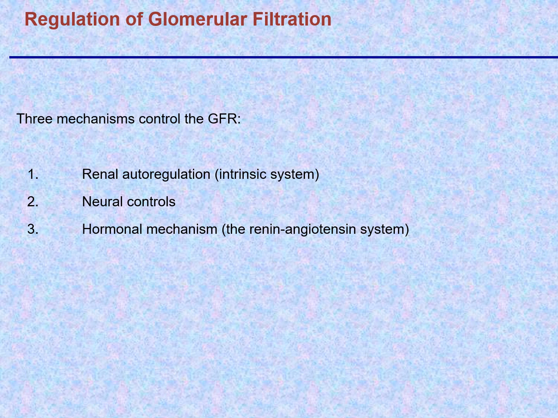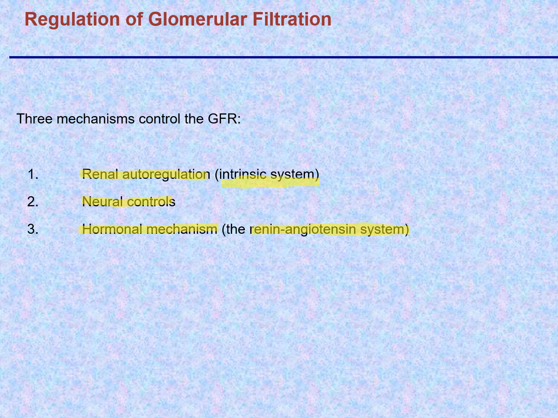Three mechanisms that are key to controlling GFR are called renal autoregulation, which is an intrinsic mechanism, built into the kidneys. Also neural control mechanisms, and the last one is hormonal mechanisms. And the hormonal system is the renin-angiotensin system, which we've discussed a little bit, but we'll talk about in more detail.